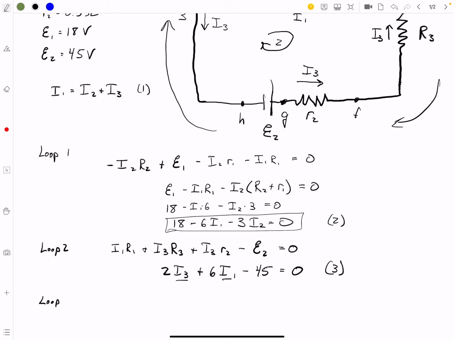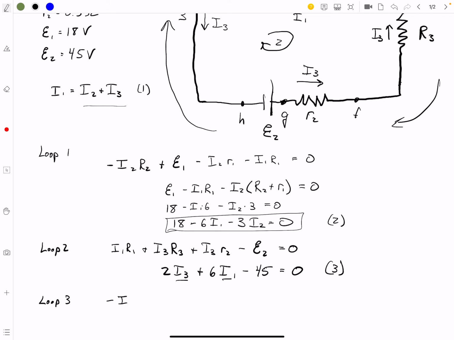So loop 3 actually is the most helpful because we skip I1 and we're left with nothing but I2 and I3, and that actually is more helpful, believe it or not. So I'm going to write out what you should get if you go in the direction that I laid out up there.